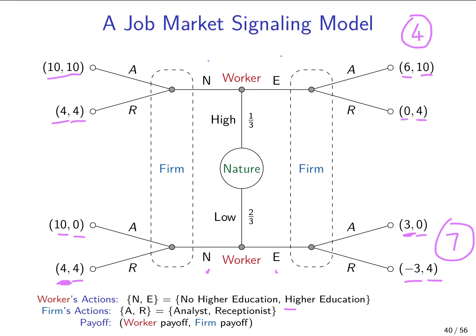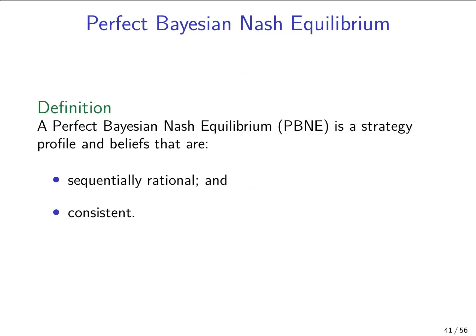So how should we analyze this dynamic game with incomplete information? We will look at what is known as perfect Bayesian Nash equilibrium. What is that? A perfect Bayesian Nash equilibrium is a strategy profile and a belief that are sequentially rational and consistent, in particular Bayesian consistent.